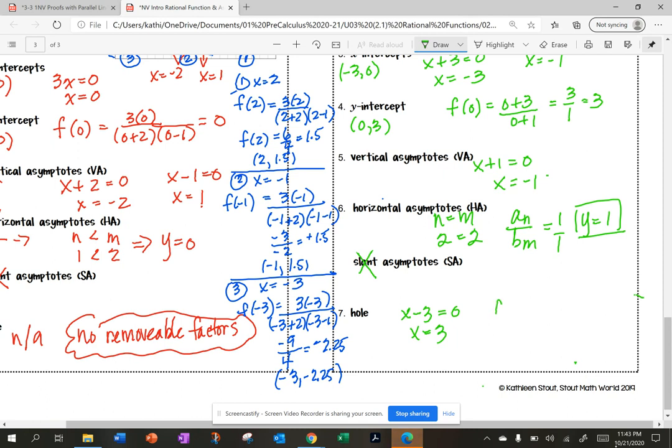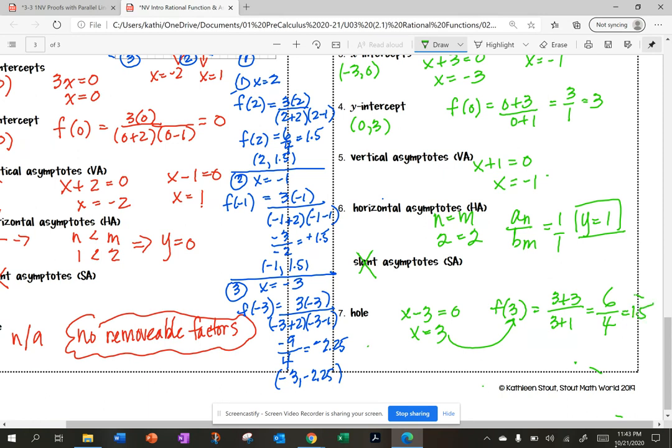So f at 3. So I'm going to use that x equals 3. Is 3 plus 3 and 3 plus 1. So 3 plus 3 is 6 divided by 4, which is 3 halves or 1.5.